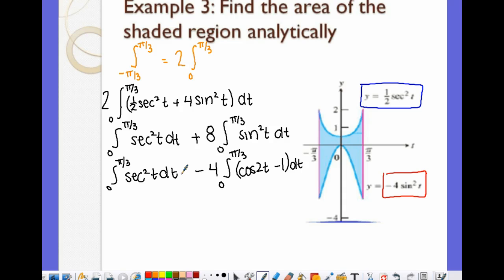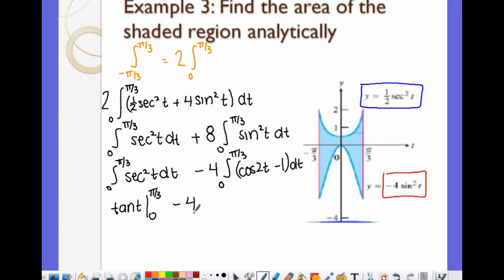So again, secant squared t becomes tan t, and you apply 5/3 to 0. Minus 4, I've gotta be careful, cosine of 2t. You have to make sure you redivide by 2, because it'd be like cosine of u and the du's.